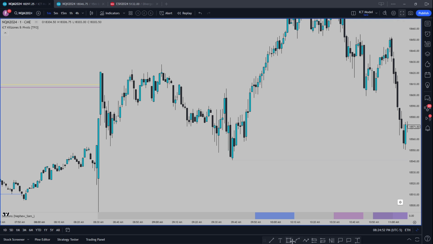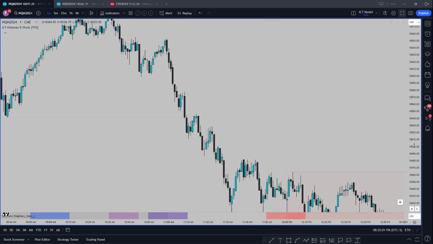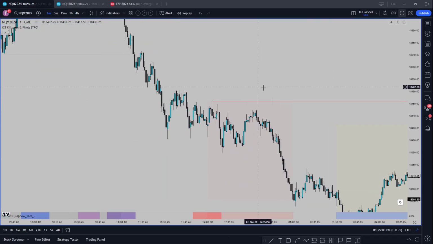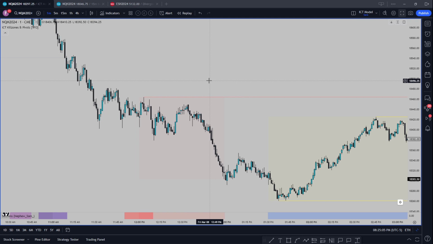Like in here, if you can kind of tell, this whole section, still choppy. But as soon as that volume increases, we'll be fine. Or you could just use continuous contract, but that's personal preference.